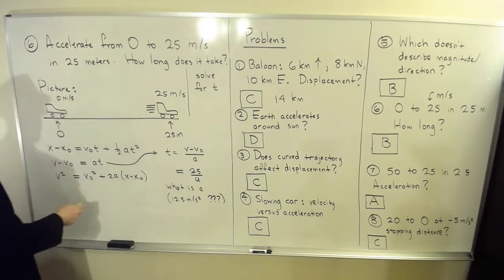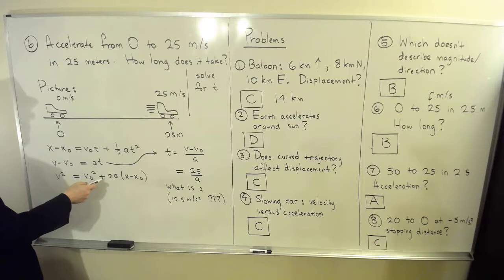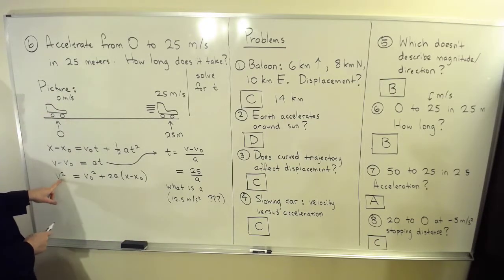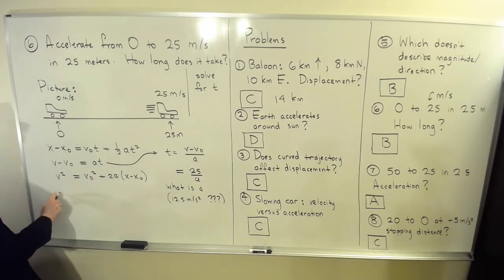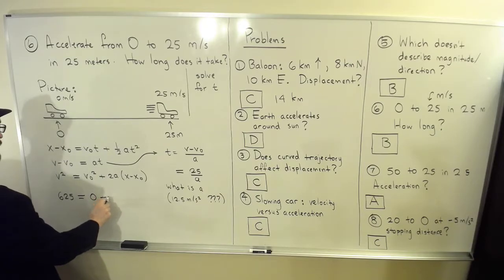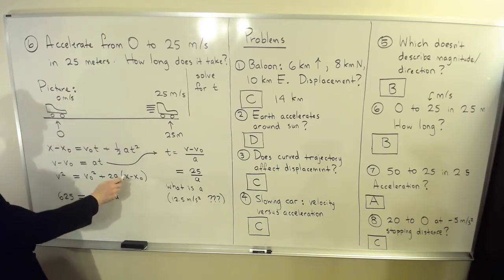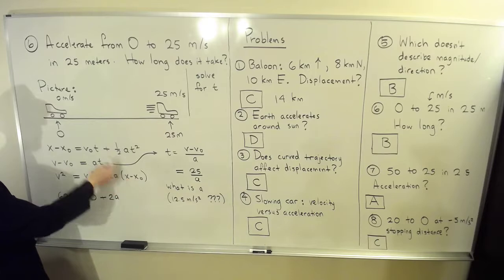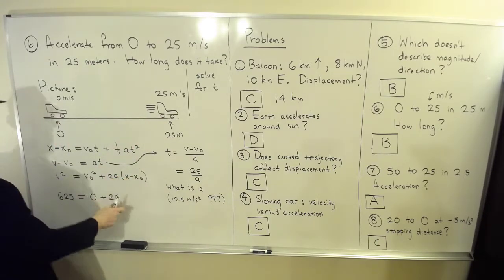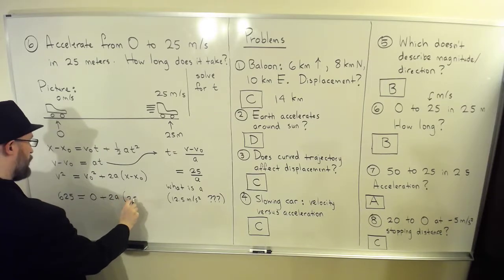Well, if you wanted to, you could get it from this equation here. You could say, okay, the final velocity is 25, so the final velocity squared is 625. That's squaring this. The initial velocity is 0, so I'm going to get 0 here. I have a plus 2a. And then the x minus x0, the x is the final position, that's 25. The x0 is 0, so this is 2a times 25.